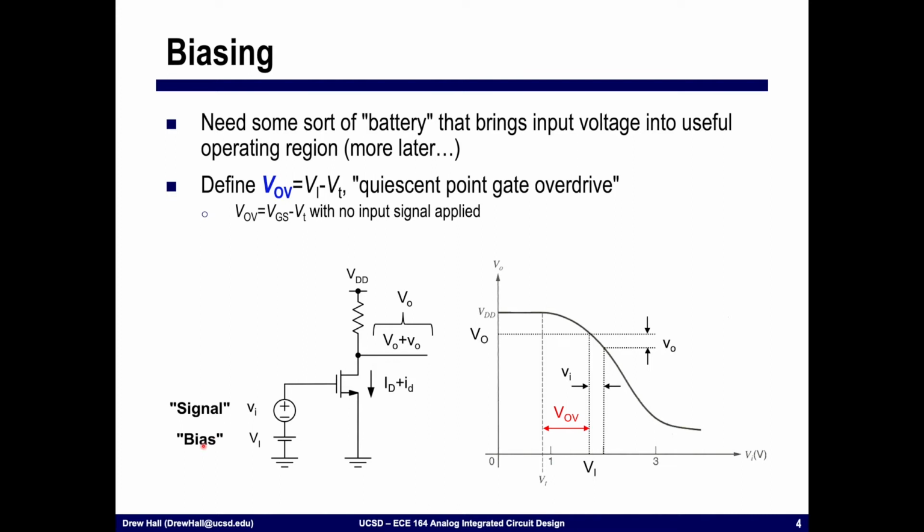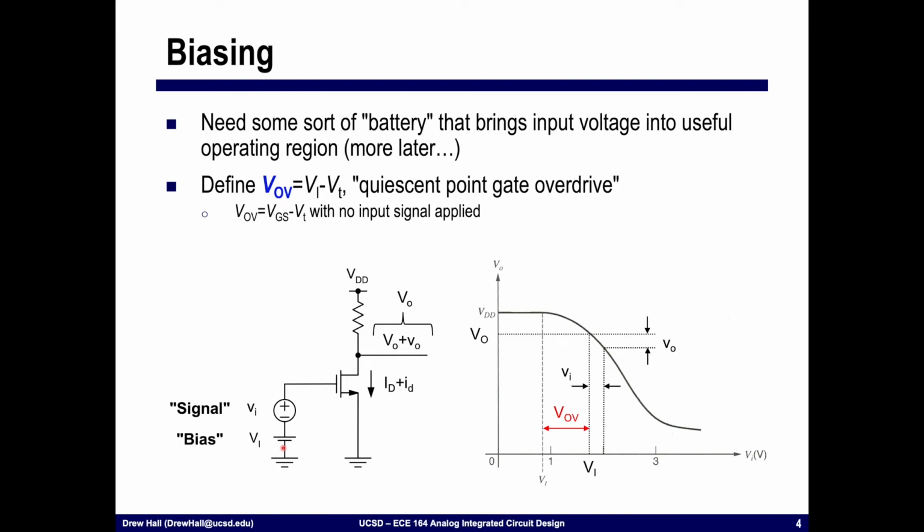And so we're going to talk a lot about how to generate these bias circuits in a few lectures and see many different ways that we can generate this. For right now, I'm just going to artificially add a bias voltage source. Okay? And we'll see later on that adding a voltage source is not a very good or robust way to bias this circuit, but it's sufficiently simple that it'll work for right now.